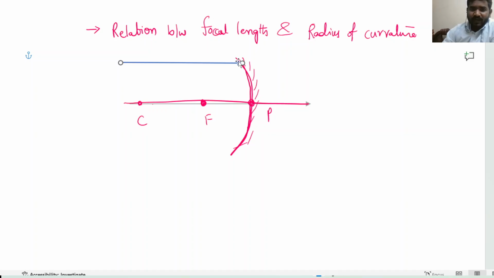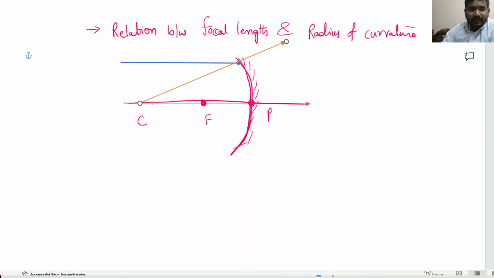Now, at this point we need to make a normal. So at that point we need to make a normal, any normal which passes through the center of curvature, like this. A normal we need to draw. Okay, that is the normal.